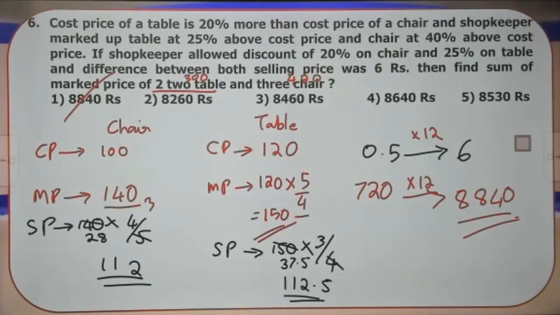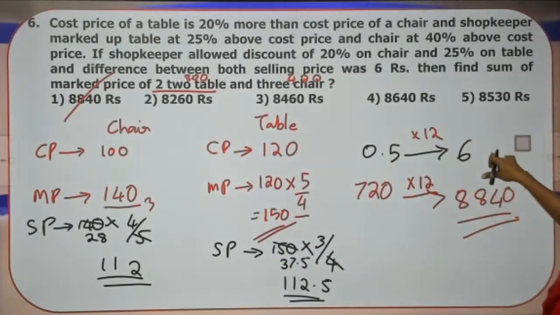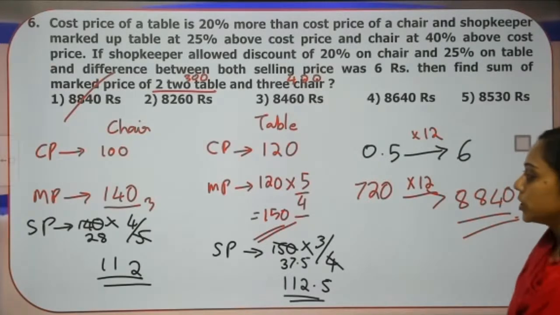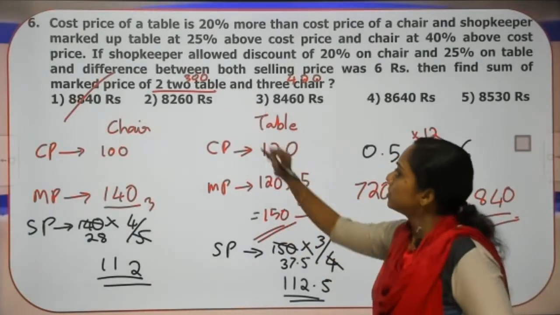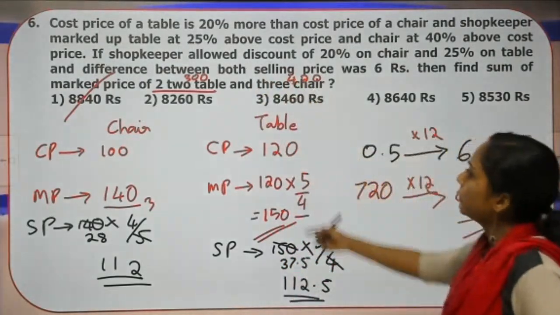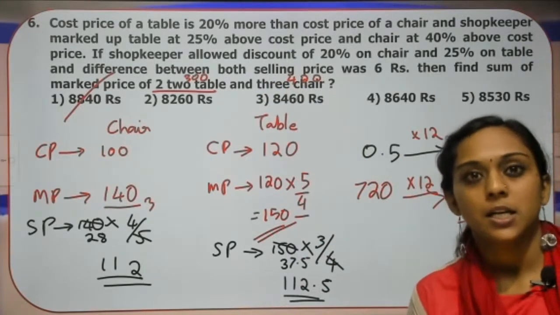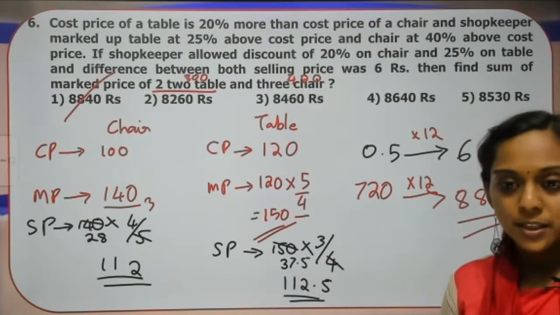So the difference between the selling prices is given. The difference between the selling prices is 0.5 and that is given as 6 rupees. Then find the sum of the marked price of 2 tables, that is 150 into 2, that is 300, and 3 chairs, 140 into 3, that is 420. So the total is 720. So find out how much is 720.